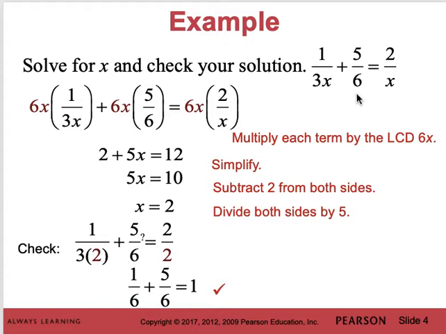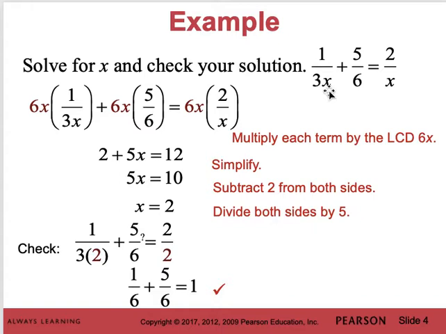So I can see what is the least common denominator between 3x and 6. Well, for the numbers, 6 is the least common denominator. 3 times 2 equals 6.